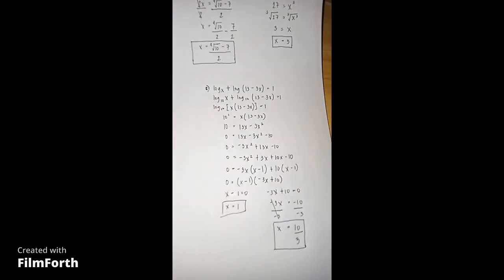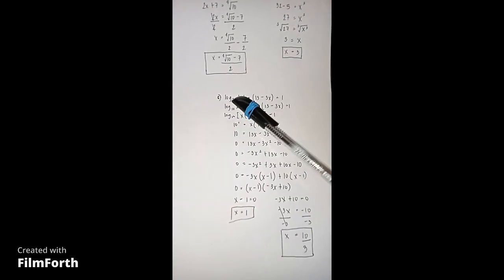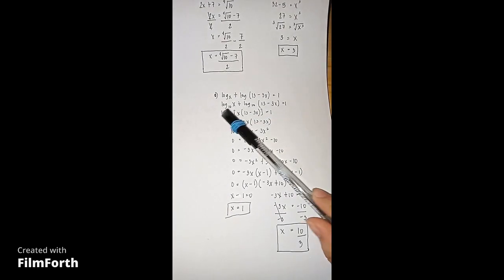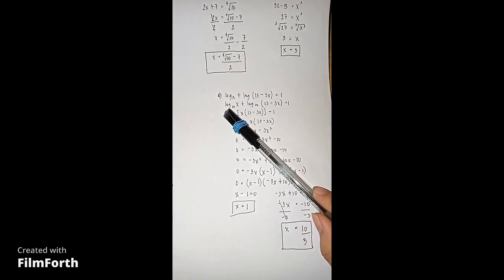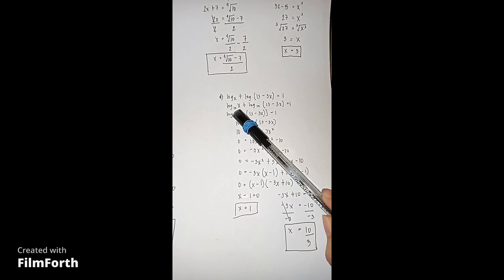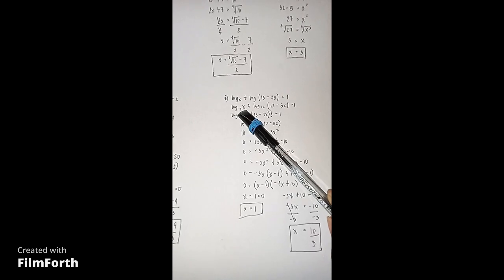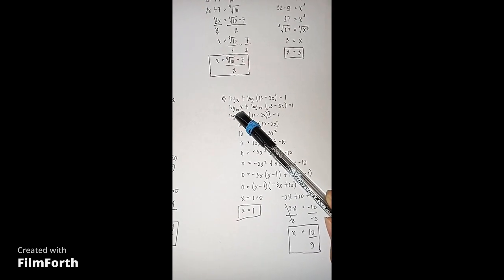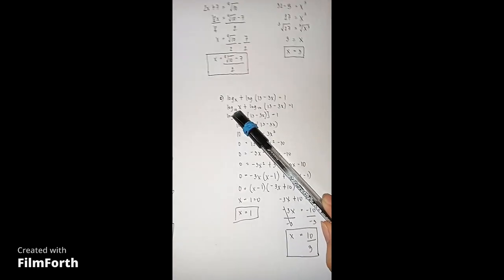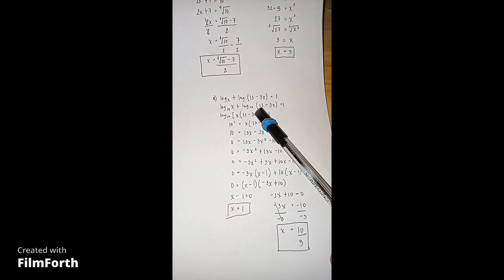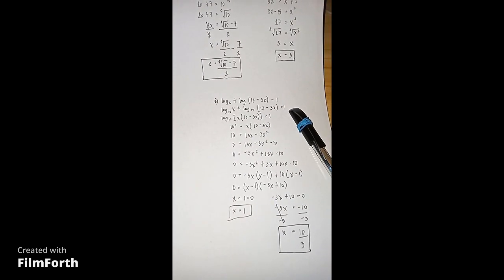So let's go to number 5. So log x plus log of (13 minus 3x) equals 1. So there's no number here, so it indicates that if there's no base, it automatically is 10. So log base 10 of x plus log base 10 of the quantity 13 minus 3x equals 1.